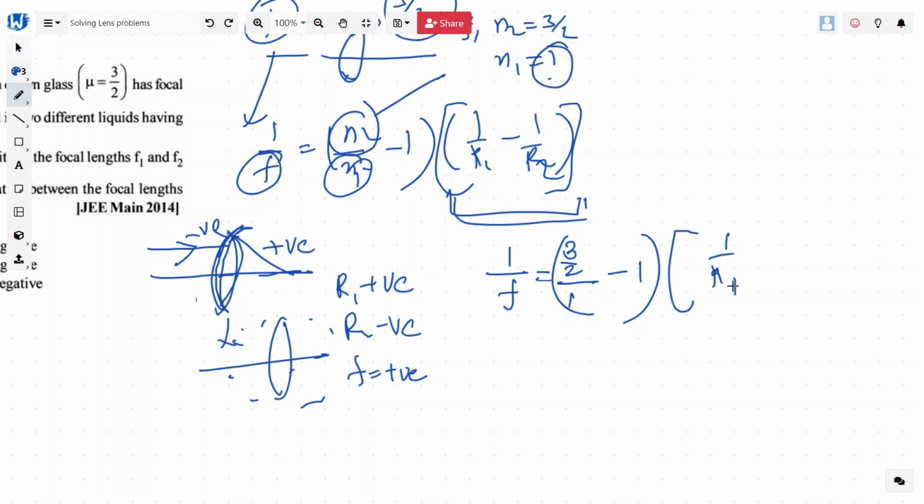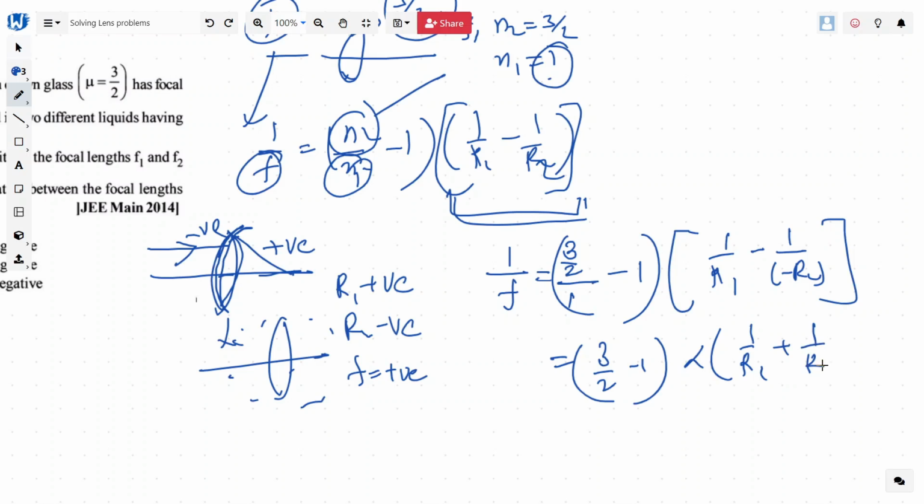So 1 by r1, and r2 is negative, so 1 by minus r2, and that is going to be 3 by 2 minus 1 into 1 by r1 plus 1 by r2.